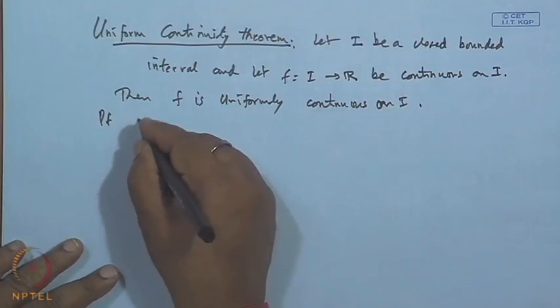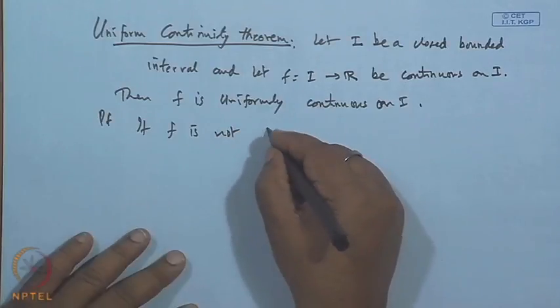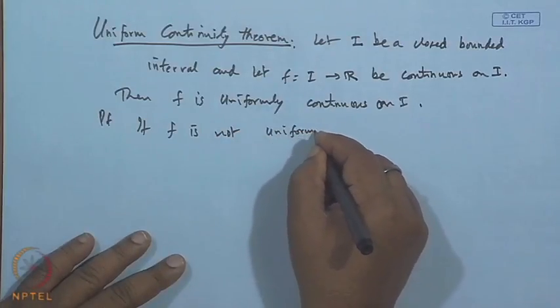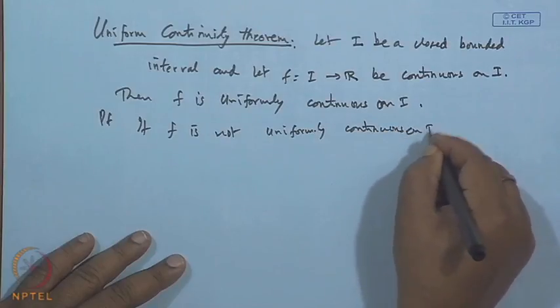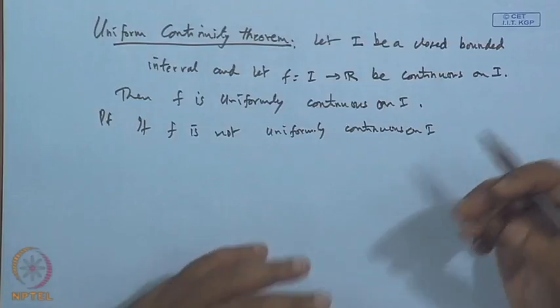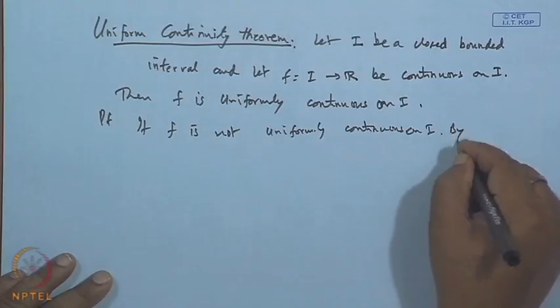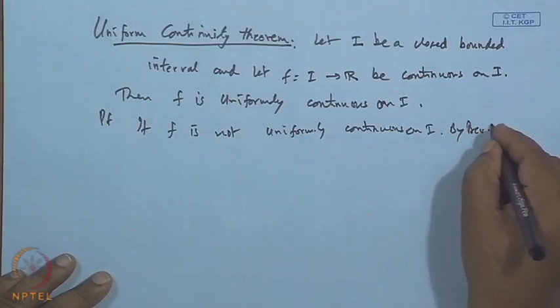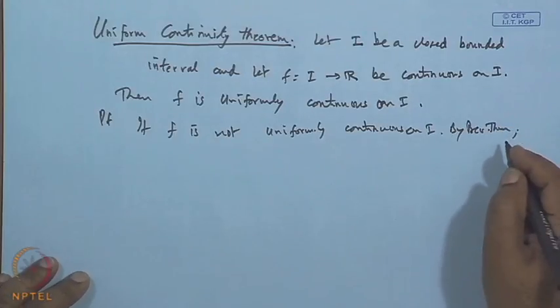So, suppose f is not uniformly continuous on I. So, I can use one of the criteria which I listed earlier. I will take it in the form of sequences. By the previous theorems, where the criteria are there, we can choose.